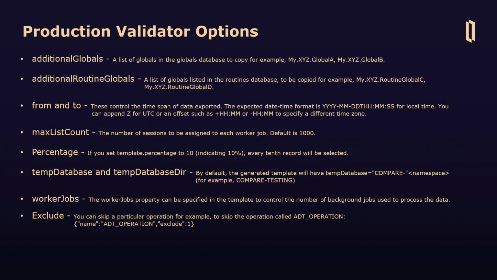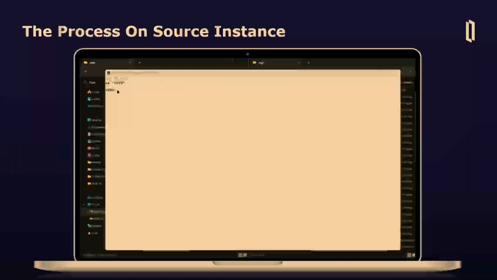If you want to increase the worker jobs or limit the worker jobs so you're not overtaxing your system while you're trying to process all this data, because you're still trying to do development work, you can set all those as part of the options when you're setting up the global or the production validator. And the exclude too. If you want to exclude certain things, you can, because there could be some really custom stuff that may not process exactly the way you think.